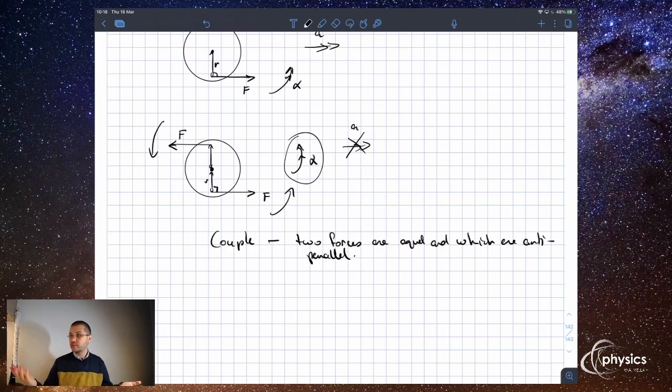If you have a wind turbine, you need the wind to exert a couple on the turbine because you need it to turn, to create an angular acceleration. It will start rotating and increasing angular velocity, but you don't need linear acceleration. In fact, in many engines, you need couples. Not just a moment of a force, but a couple. Two forces acting in opposite directions and producing a couple.